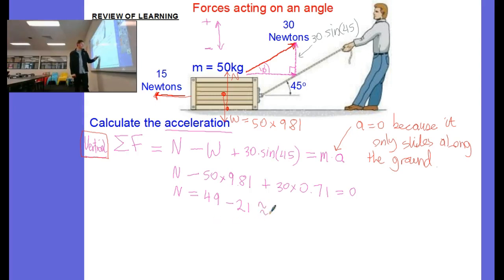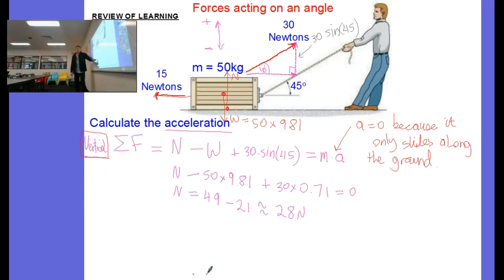And what's that? That is 28 newtons approximately. The normal force is going to be an important part of our next piece of learning on the incline plane. But let's continue and finish our task of working out the acceleration.